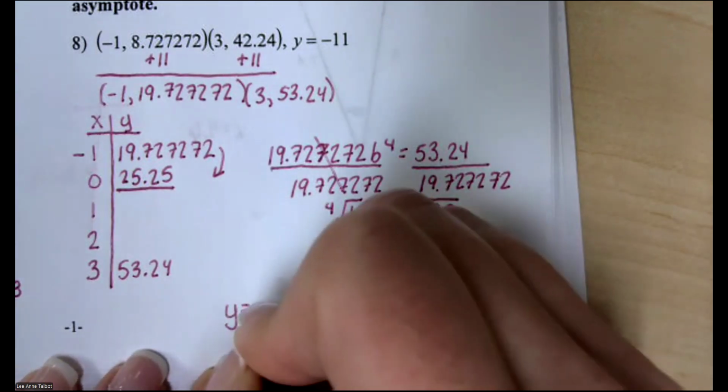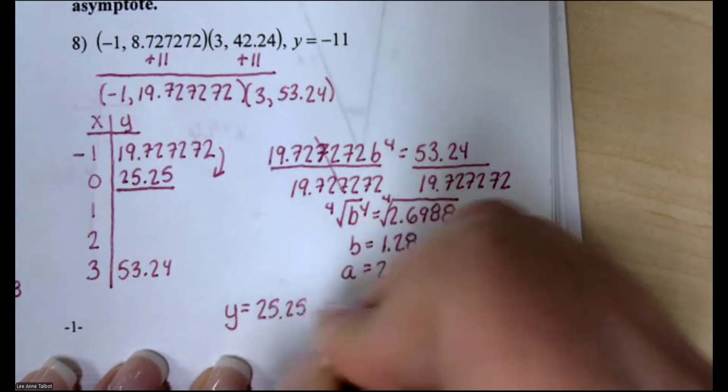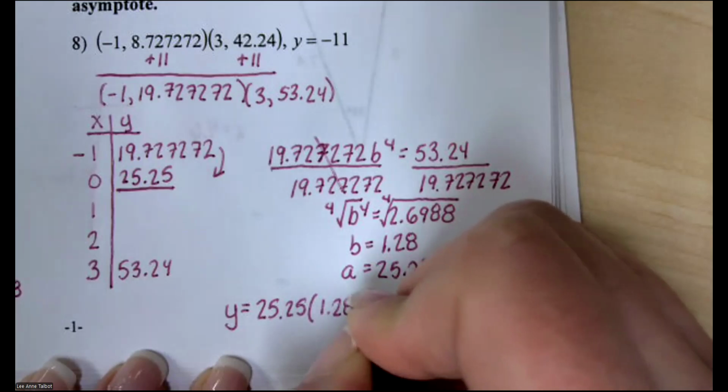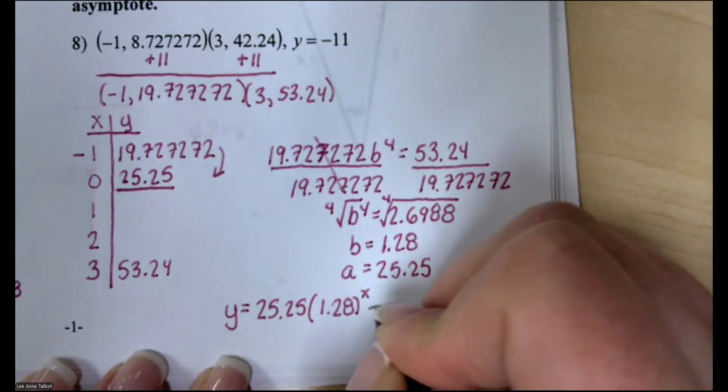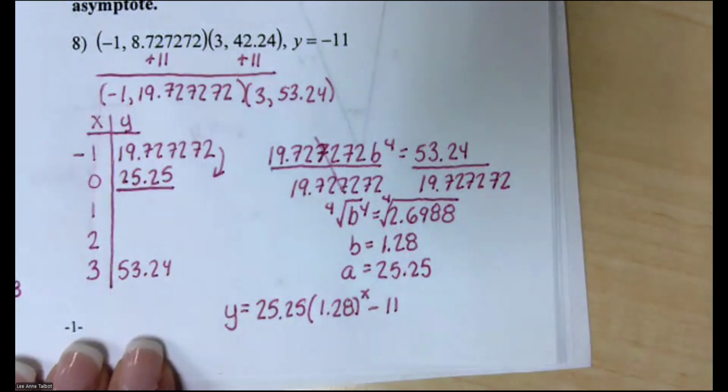Y equals 25.25 times 1.28 to the x minus 11.